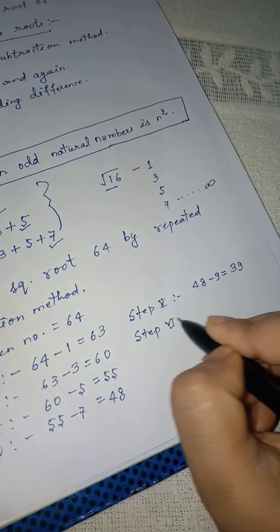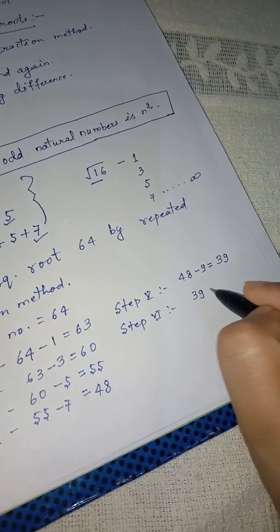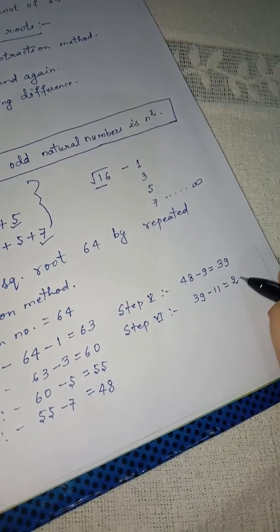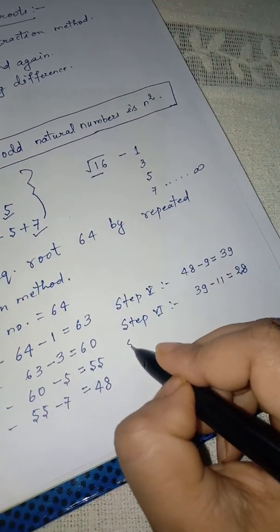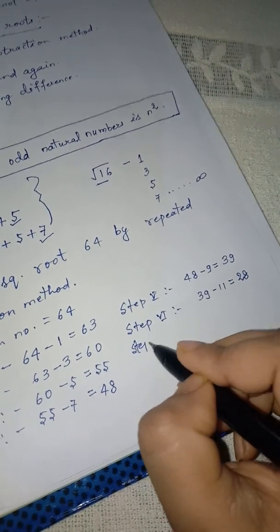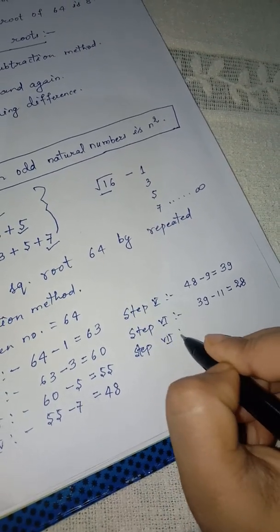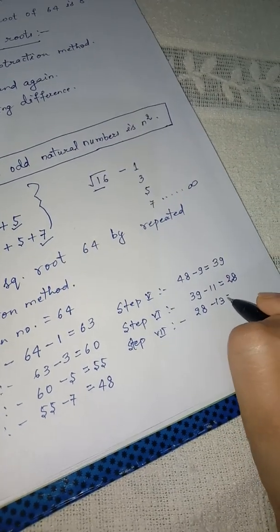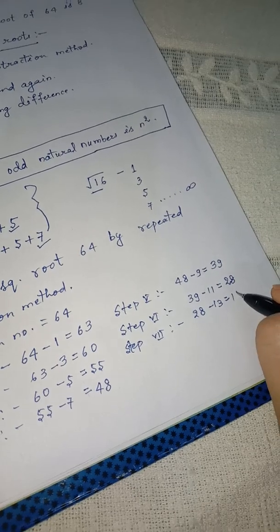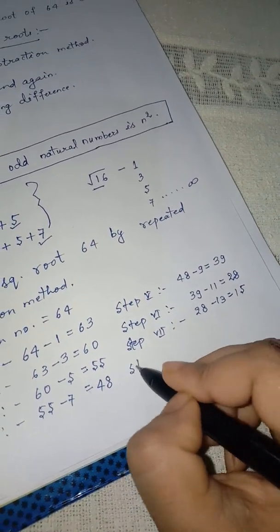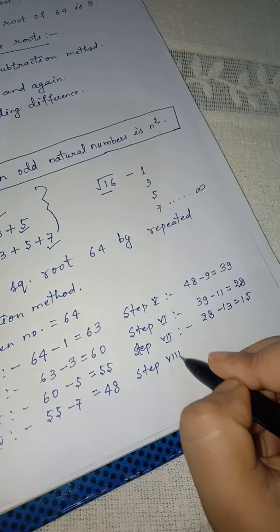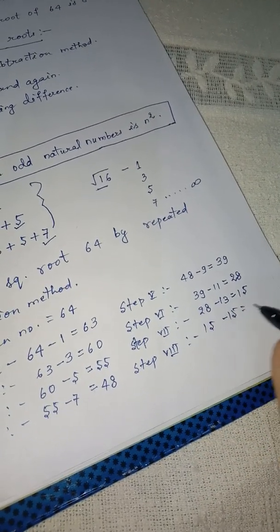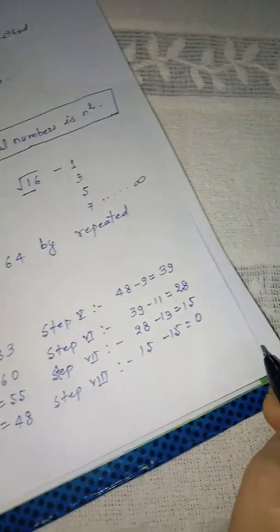In step 6, 39 minus 11 gives 28. In step 7, 28 minus 13 gives 15. In step 8, 15 minus 15, and we get 0.